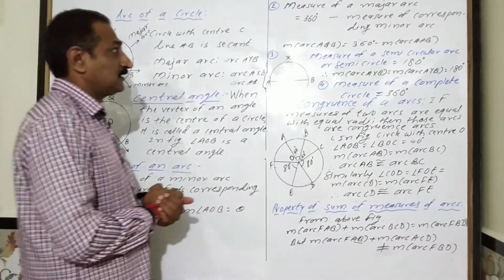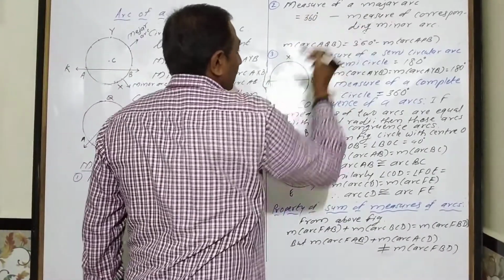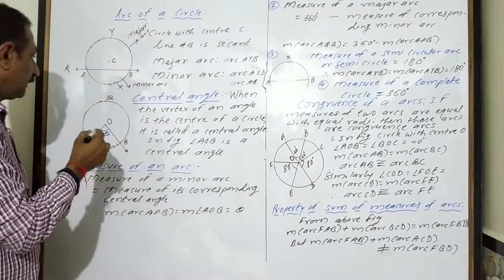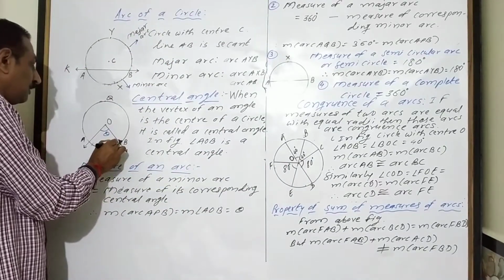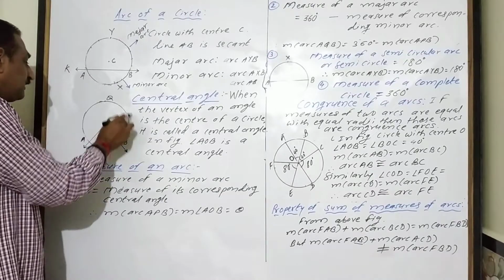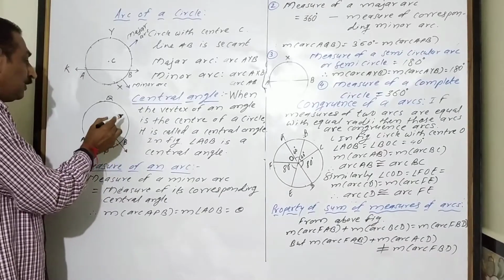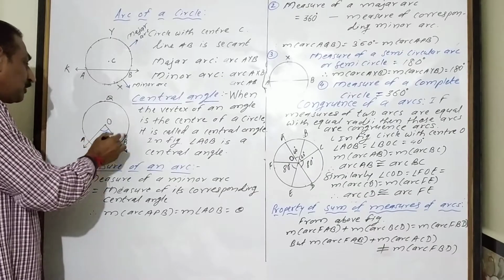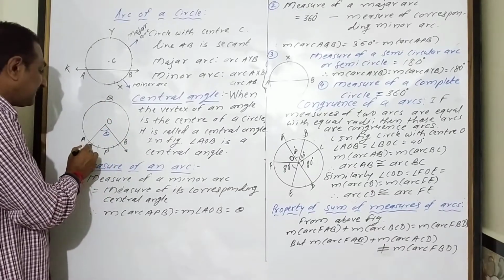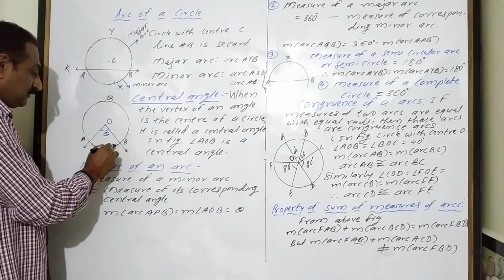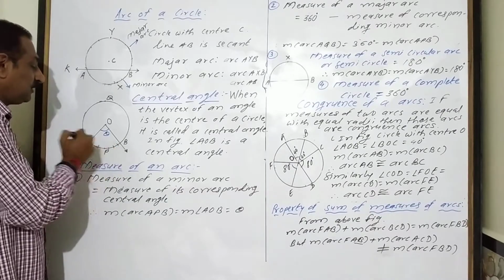Now next concept, the measure of a major arc. In the figure, which is the major arc? This one. How to find the measure of the major arc? It is equal to the measure of a complete circle minus the measure of its corresponding minor arc.